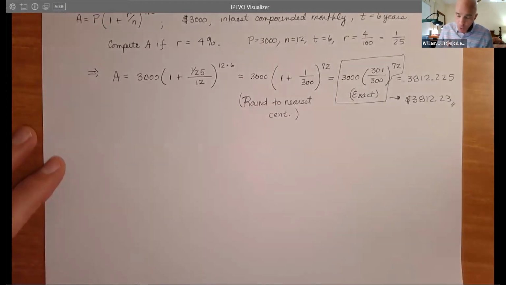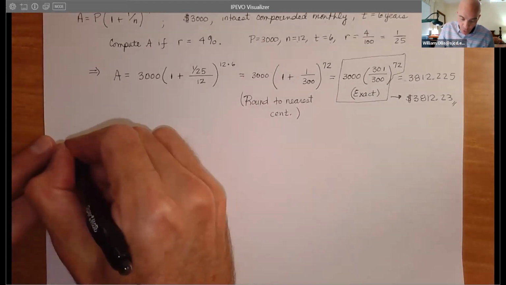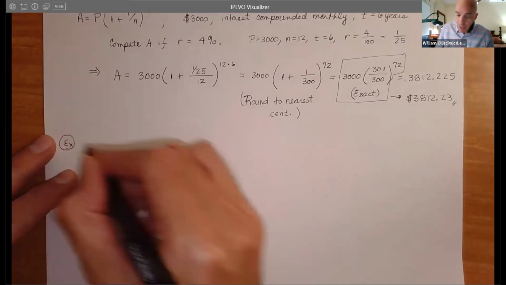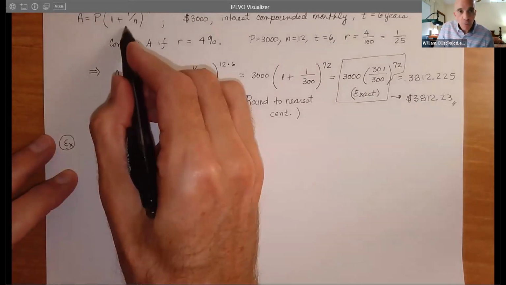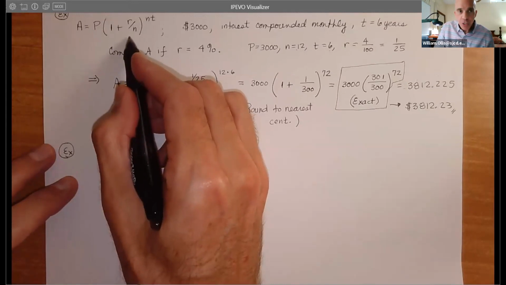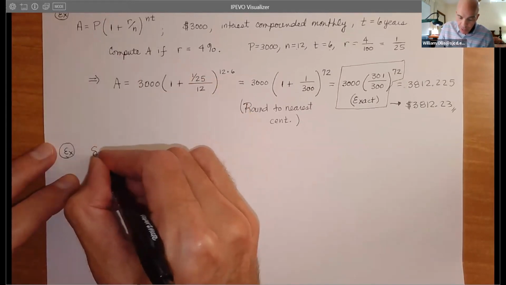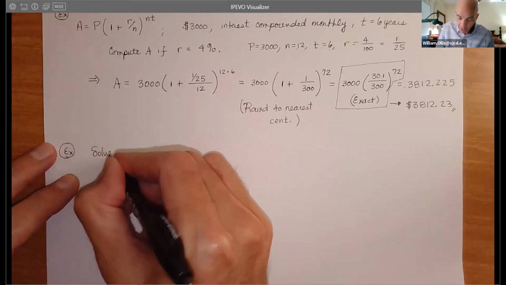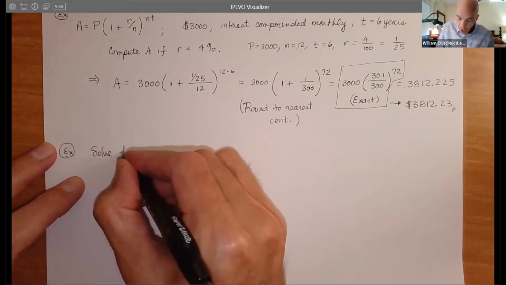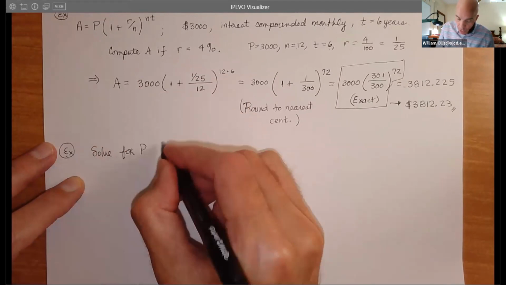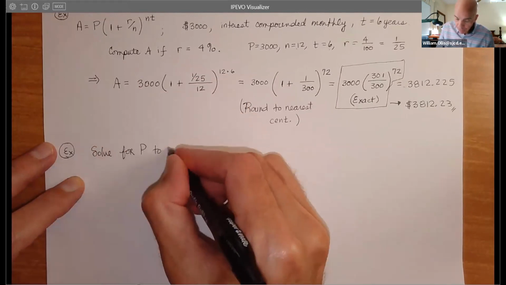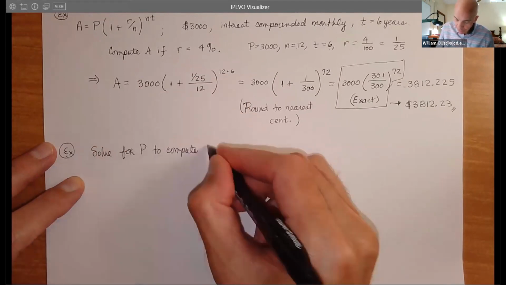Okay, now let's do one more example, just so you'll be comfortable with this. We can take this particular formula here and actually solve for P to compute present value.